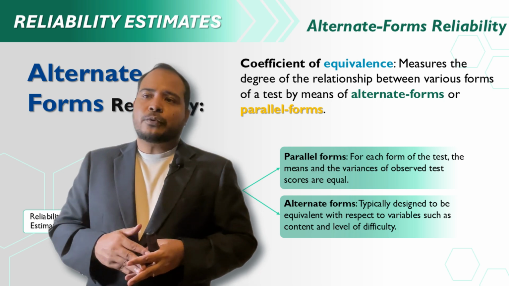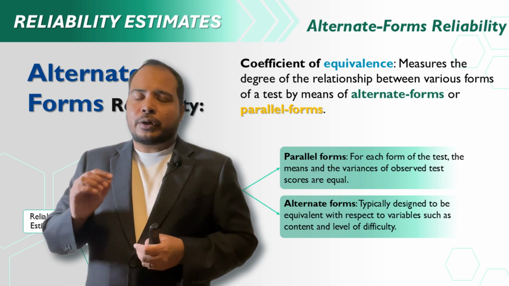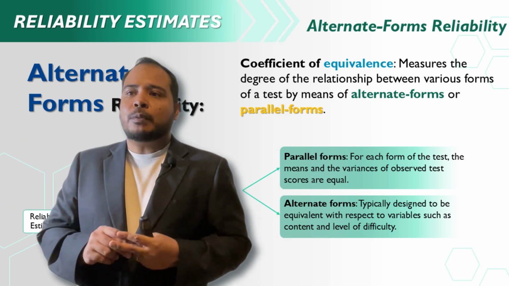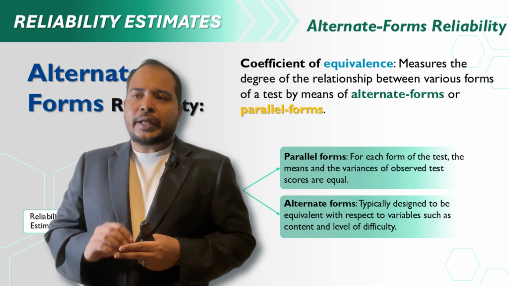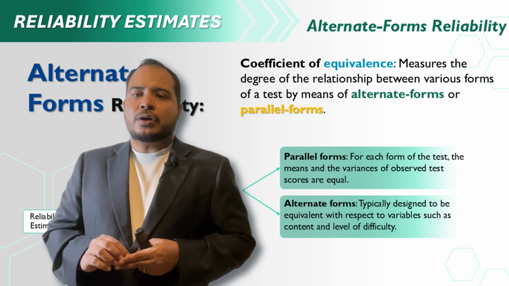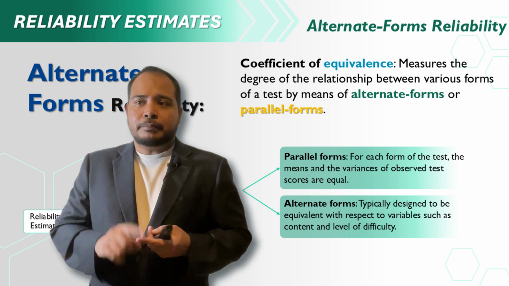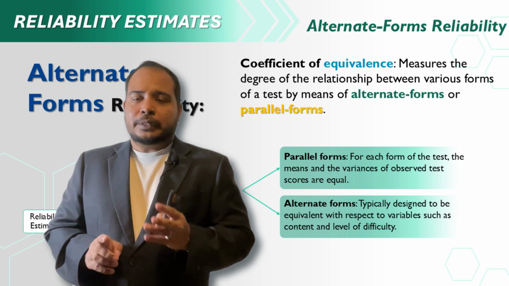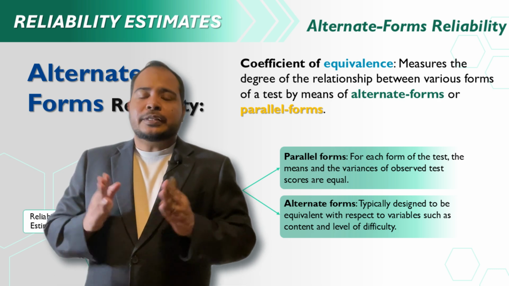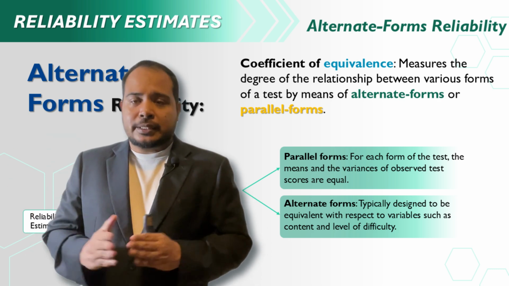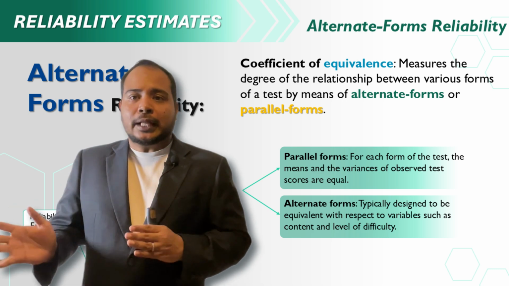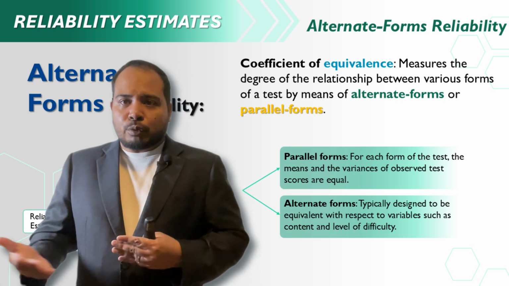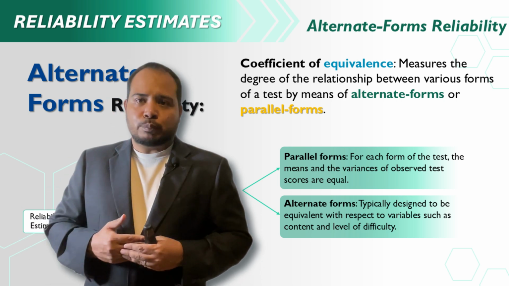So what are parallel forms? Under parallel forms, for each form of the test, the means and the variances of the observed test scores are equal. Meaning that they have the same answer formats, and if you total up the items, the total score will be the same, the mean will be the same, and the variance will be the same.